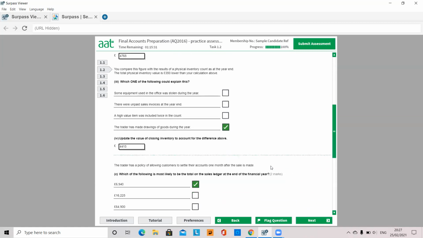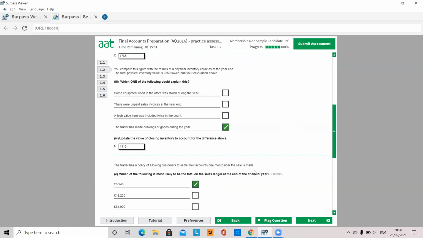Okay. The next thing it says, the trader has a policy of allowing customers to settle their accounts 1 month after the sale is made. We had a good few discussions about this in the class when we did this a good few years ago. And we sort of came up with the idea that basically it says, so sales ledger, so they tend to allow their customers to settle their account 1 month after the sale is made.